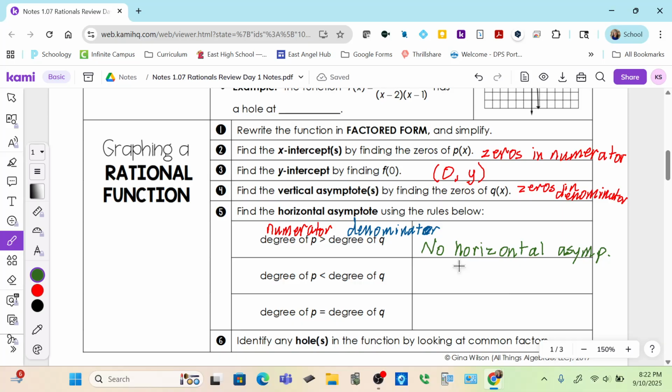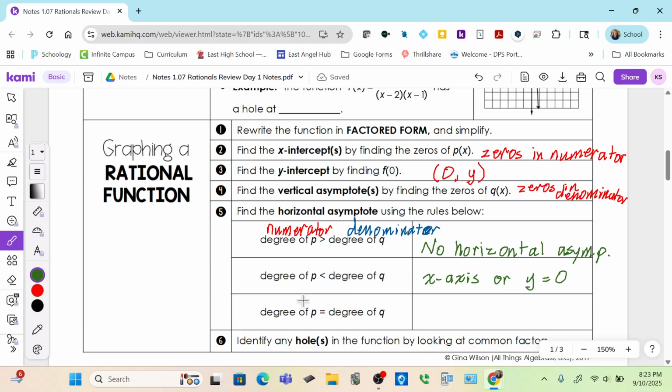If the degree of P is less than the degree of Q, then the horizontal asymptote is the x-axis, which has the equation y equals 0.